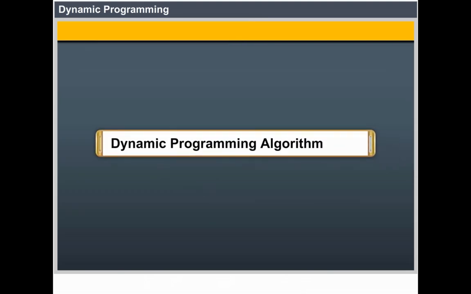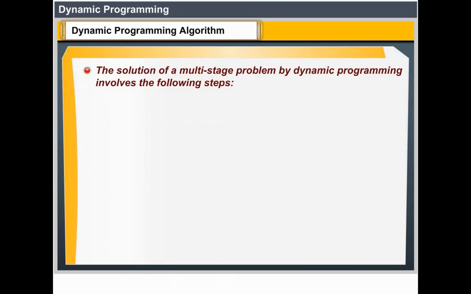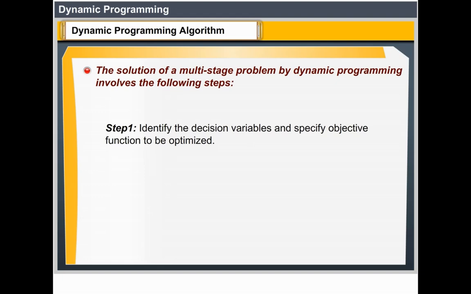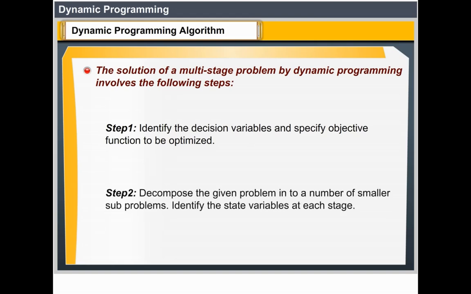Dynamic programming algorithm. The solution of a multi-stage problem by dynamic programming involves the following steps. Step 1. Identify the decision variables and specify the objective function to be optimized. Step 2. Decompose the given problem into a number of smaller subproblems. Identify the state variables at each stage.